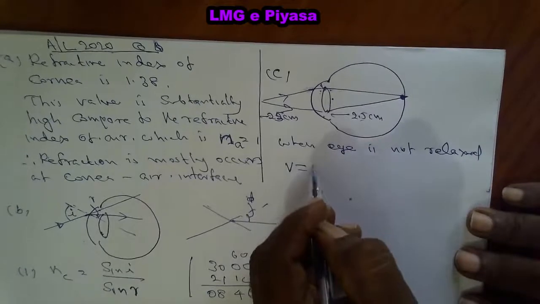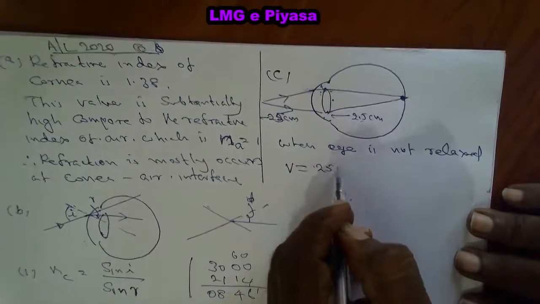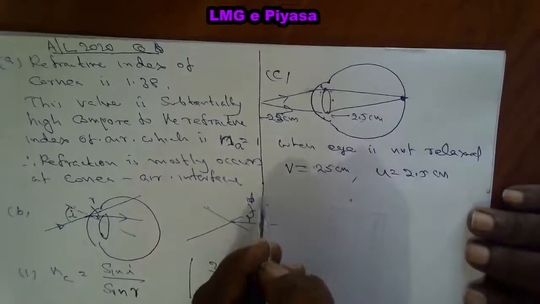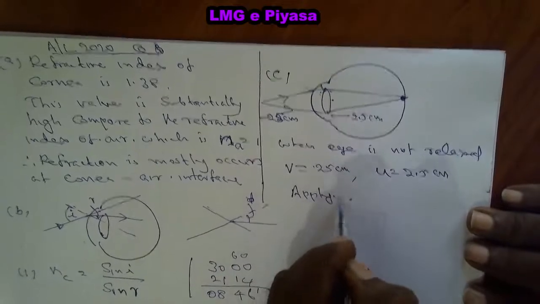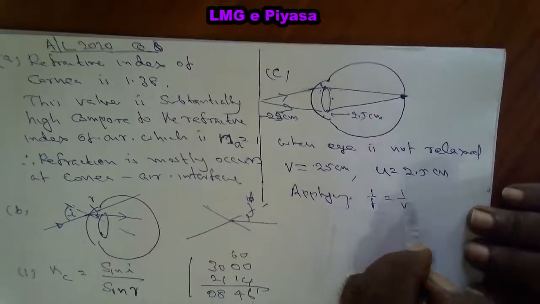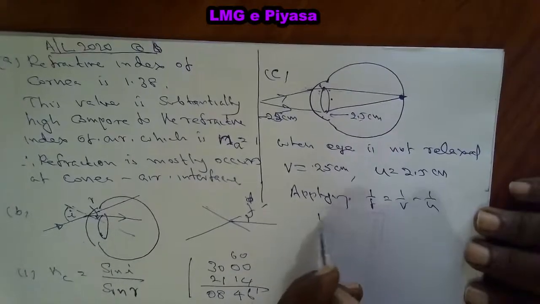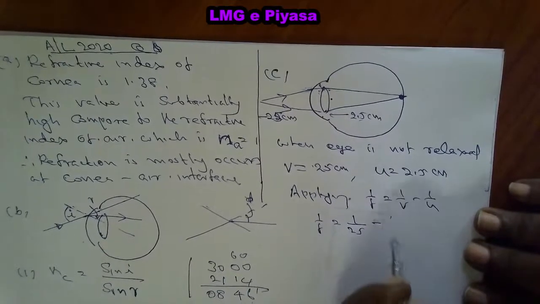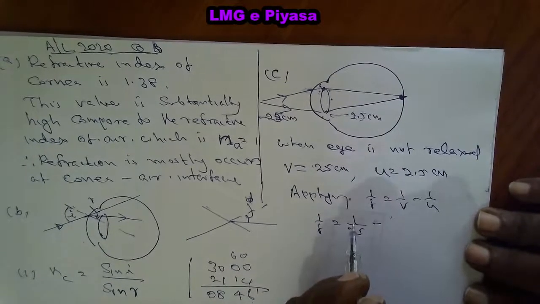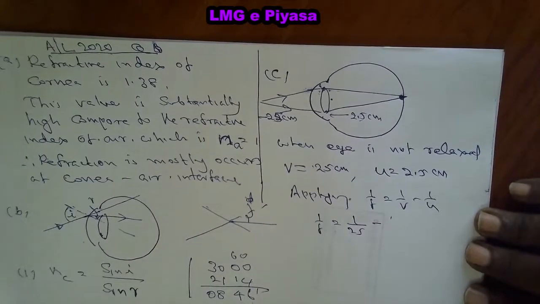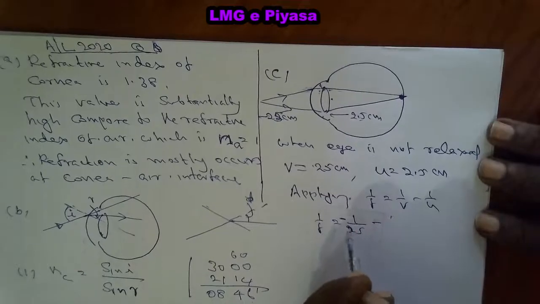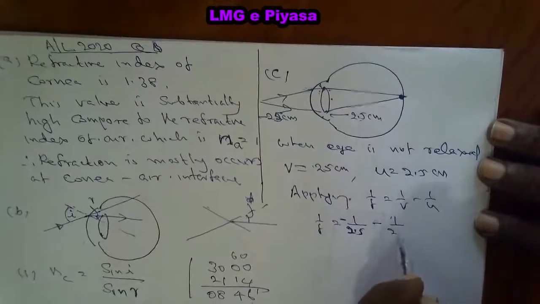So v equals 25 centimeters, u equals 2.5 centimeters. Applying 1 over f equals 1 over v minus 1 over u, right? 1 over f equals 1 over 2.5 minus 1 over 25, taking the sign of v as minus.